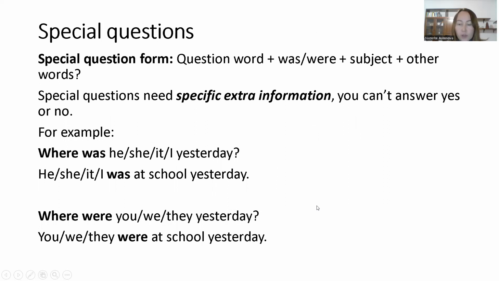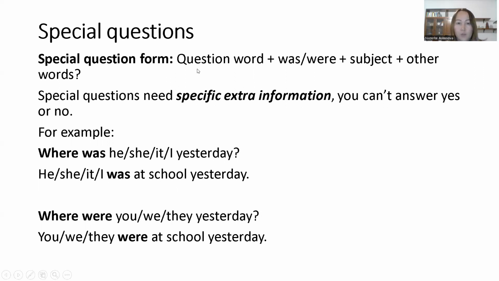Well, we have special questions, which need specific extra information. You can't answer yes or no, because if someone asks you where was he yesterday, you cannot answer yes or no, right? So you have to give extra information about where he was yesterday. This is the structure of a special question.